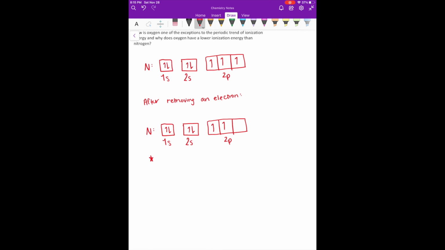So it's moving from a 2p3 to a 2p2. And then we remember, when a stable atom loses an electron to become unstable, it absorbs energy. So it would increase the amount of ionization energy that is recorded.